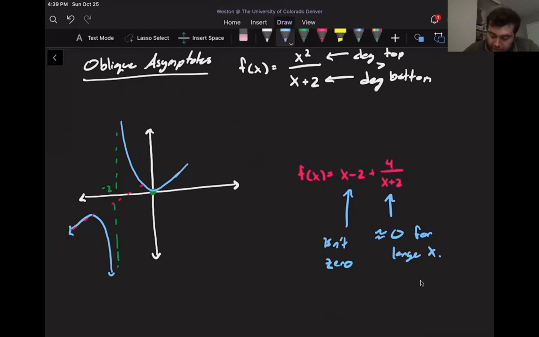We're going to get that our graph looks like this. And it's going down here. And we have our line. That's terrible. We'll have just a vertical asymptote going through. That should be getting really close to it.